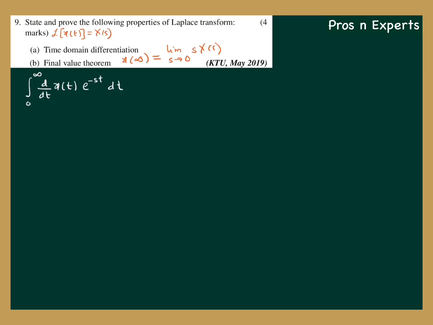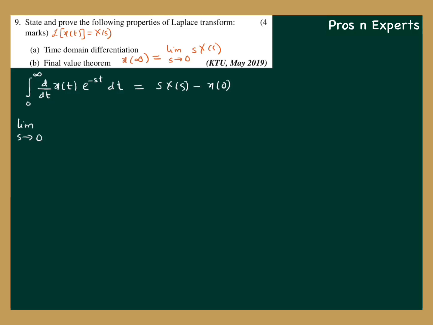This is the definition for the Laplace transform of d by dt of x of t, L of d by dt of x of t. That is equal to, we got it as s into X of s minus x of 0, just in the previous sub question. Now what I'm going to do is, you have to observe that there's a limit s tends to 0 in the RHS. So I am putting limit s tends to 0 on both LHS and RHS.